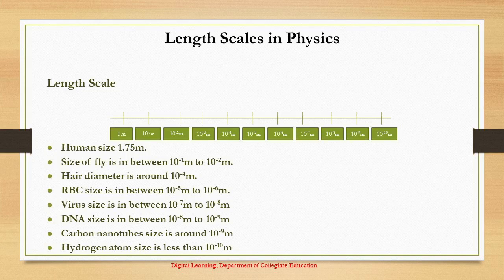Then carbon nanotubes of 10 to the power of minus 9 meter. Similarly, size of the hydrogen atom, it is less than 10 to the power of minus 10 meter. So the single atom of hydrogen is less than 10 to the power of minus 10 meter. So this is how we can compare the sizes from the bulk to nano or bulk to angstrom sizes.